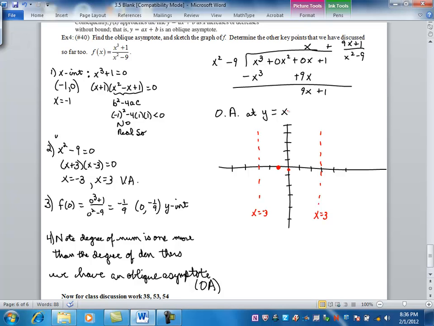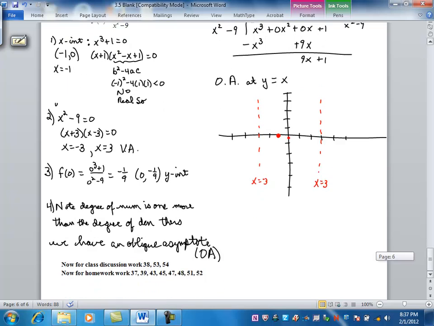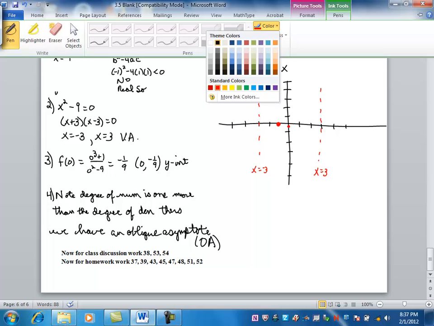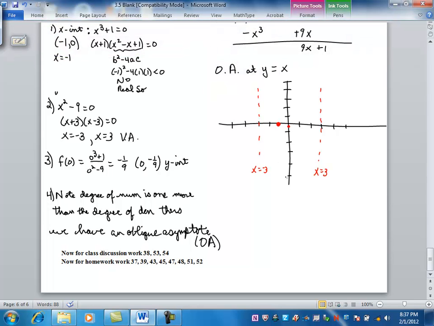So with that in mind, we are going to take the equation of our function, and let me slide back to black for this just for a bit. We're going to take the equation here of our rational function, x cubed plus 1 over x squared minus 9.